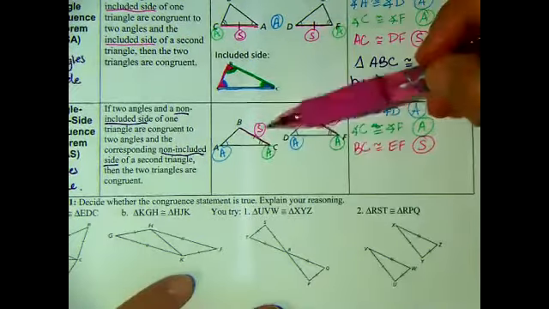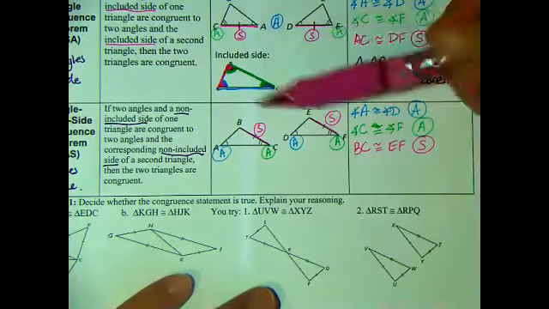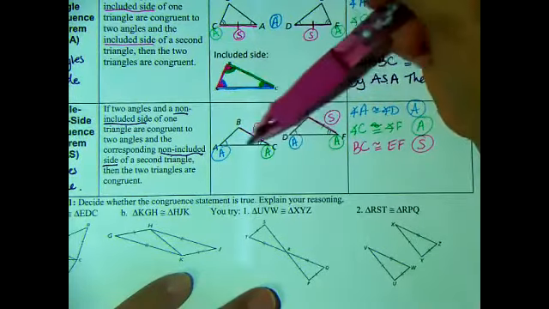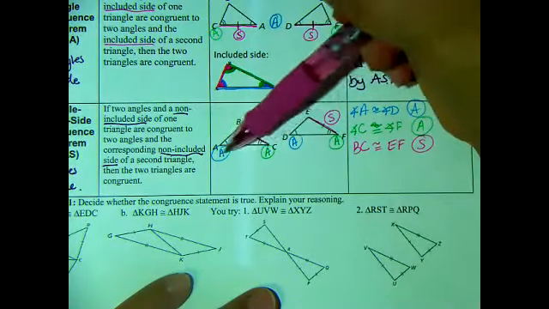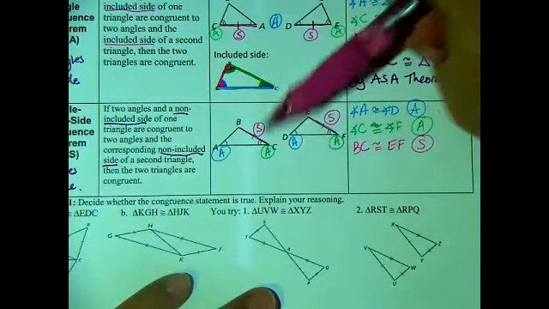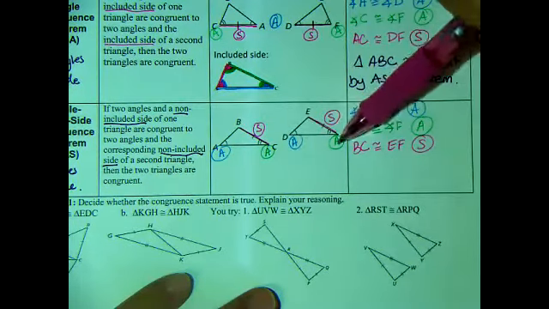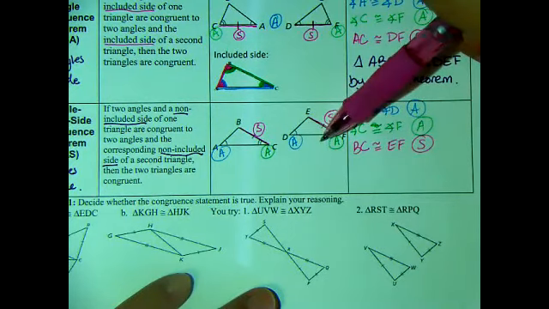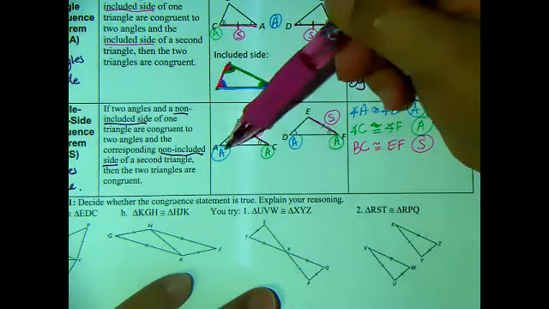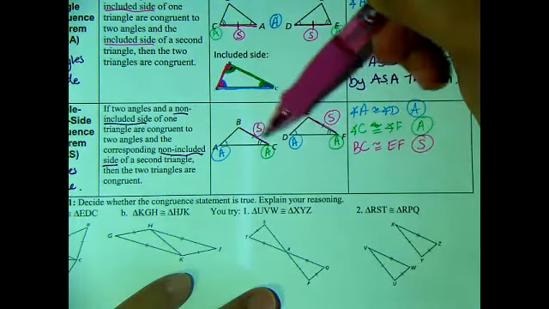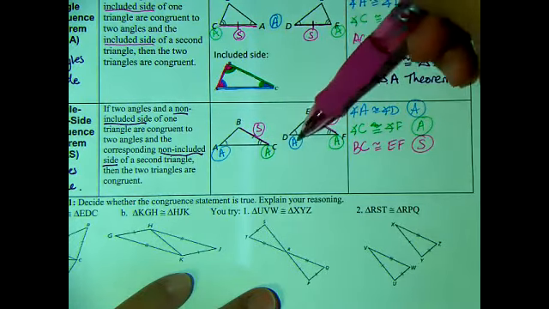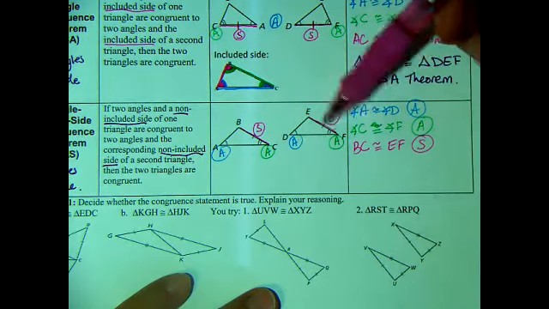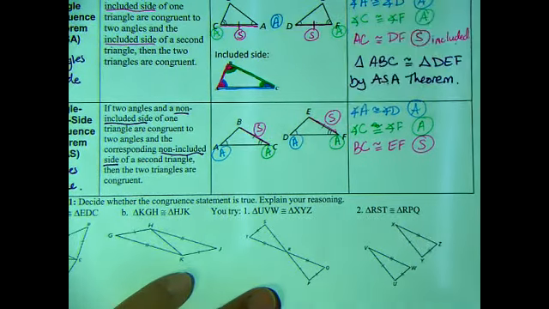Looking at your triangle, notice that side BC is not between your two angles in this triangle. Side EF is not between the two angles that are congruent in this triangle. So you have angle, angle, and a non-included side.